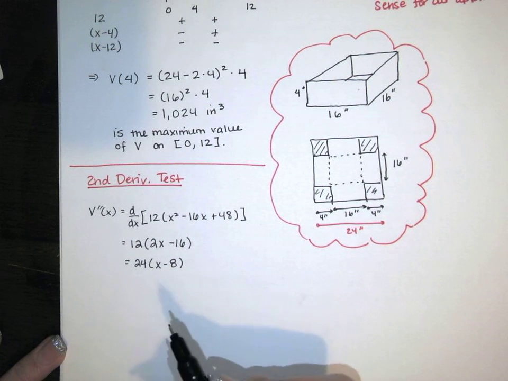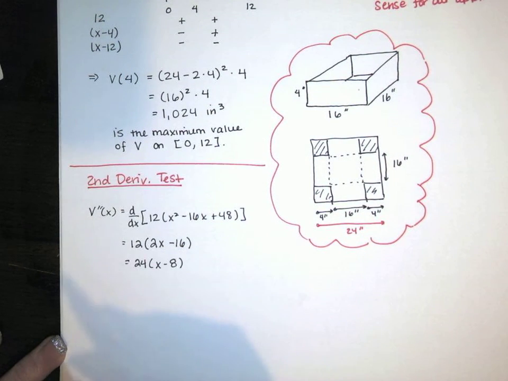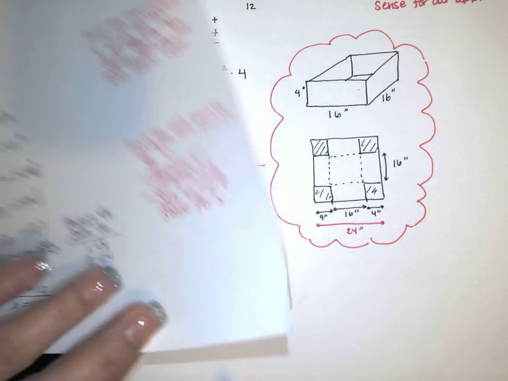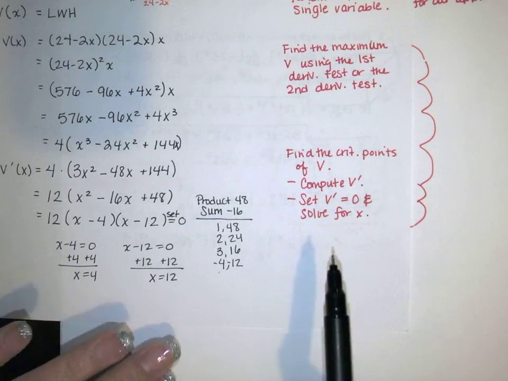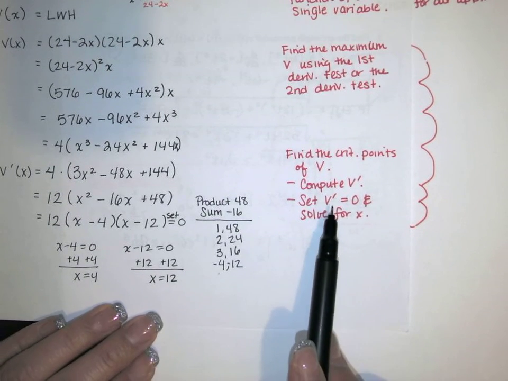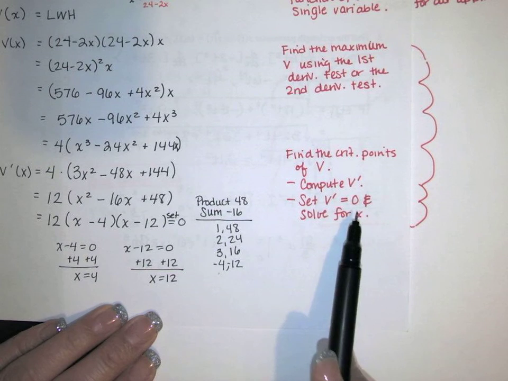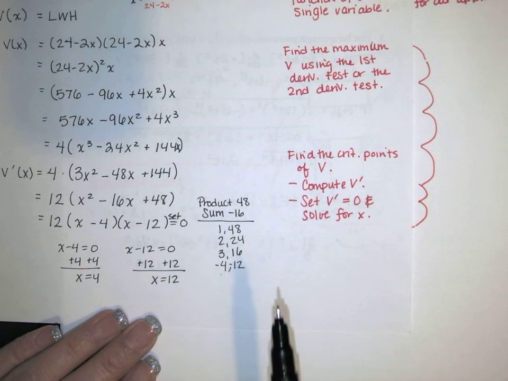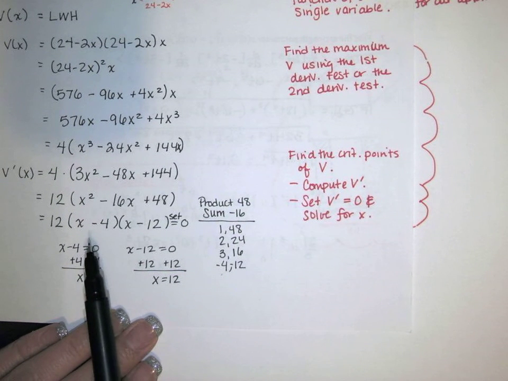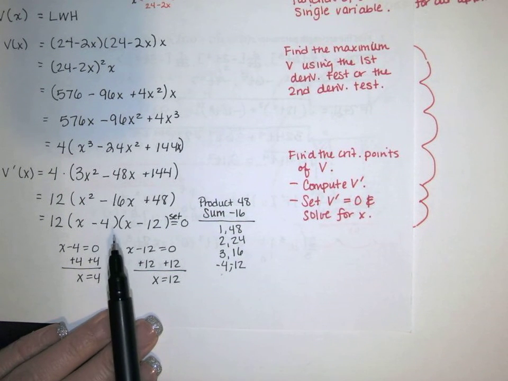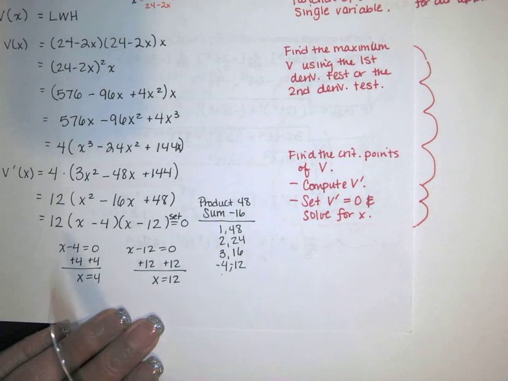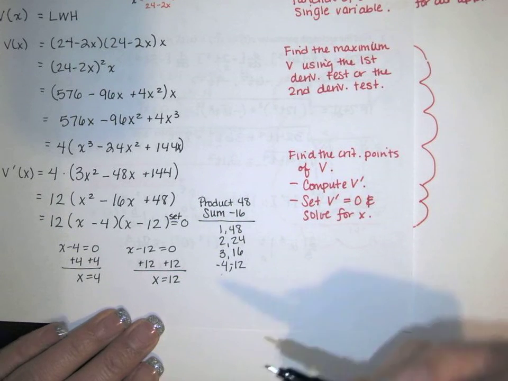Now, in order to use the second derivative test, what we do is first find the critical points. Remember, critical points, we found them back here. Those correspond to when the derivative of the function is 0. Critical points may also correspond to x values where the derivative is undefined. We didn't have any in this case though because v was a polynomial.